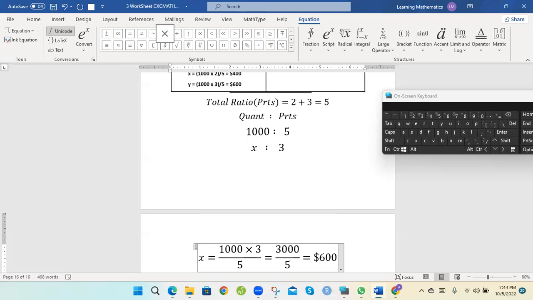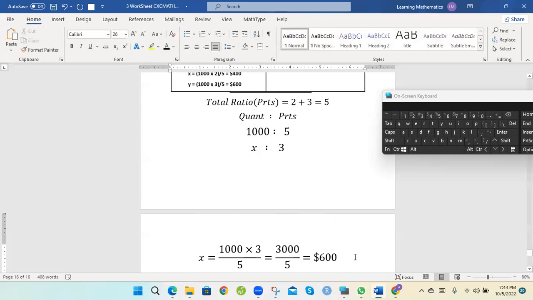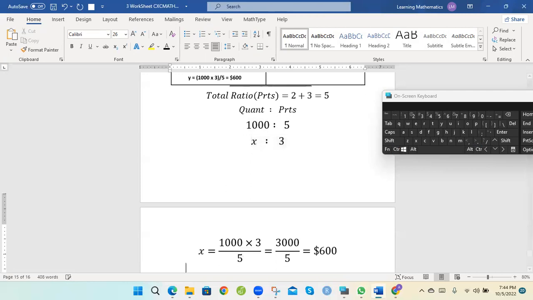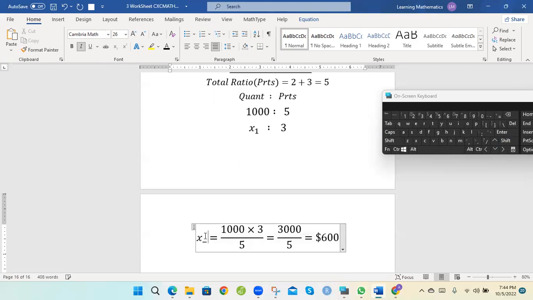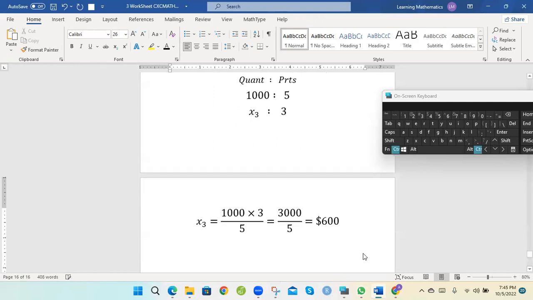And you can clearly calculate the part of 2. You simply subtract 600 from 1,000, or you can repeat the same cross multiply and divide using X and 2. We can call this X3, the quantity for the part of 3, just to differentiate, because these are 2 different X's, and we're going to find X2, the quantity for the part of 2.